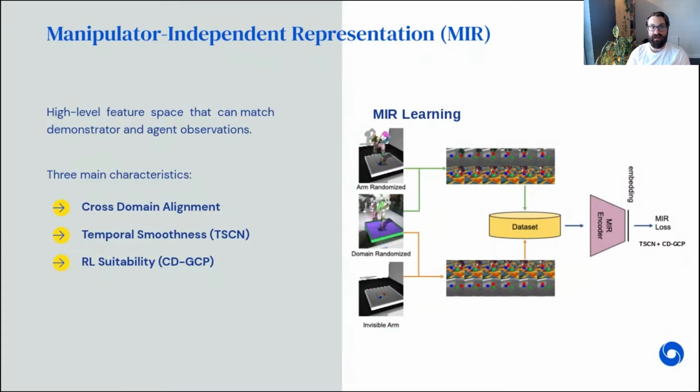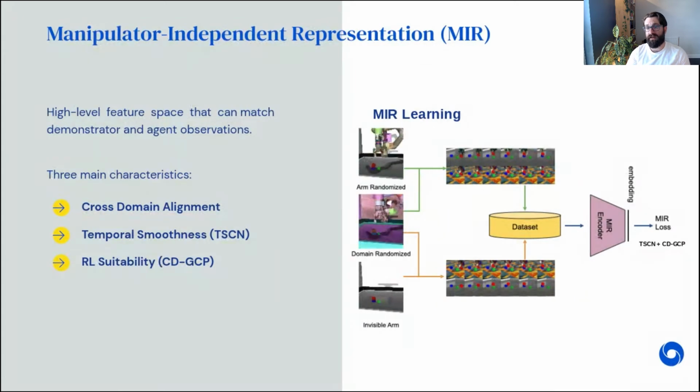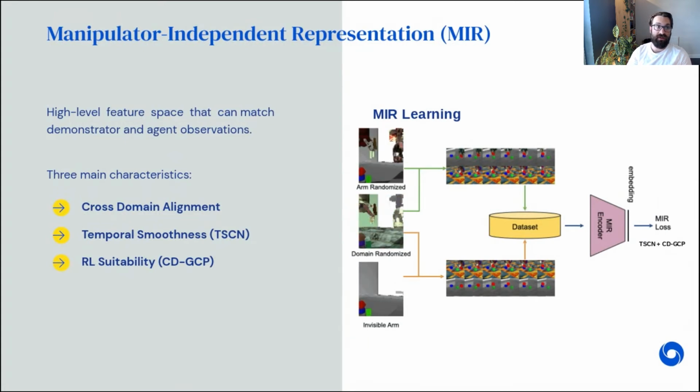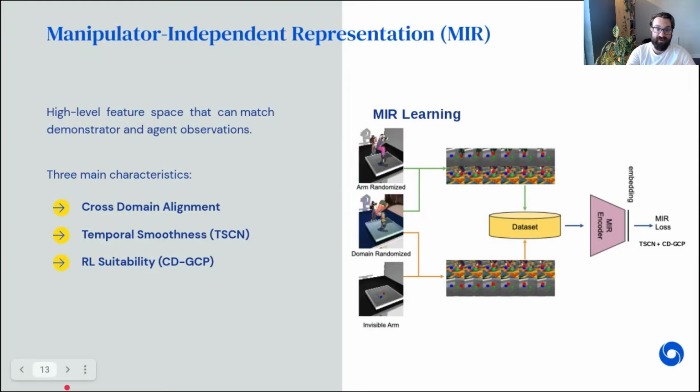We are able to obtain this by using different forms of randomization, creating paired trajectories, training our MIR encoder with these trajectories, and a linear combination of temporal smoothness loss, TSCN, and a cross-domain goal conditional policy loss for making the representations amenable to RL training.